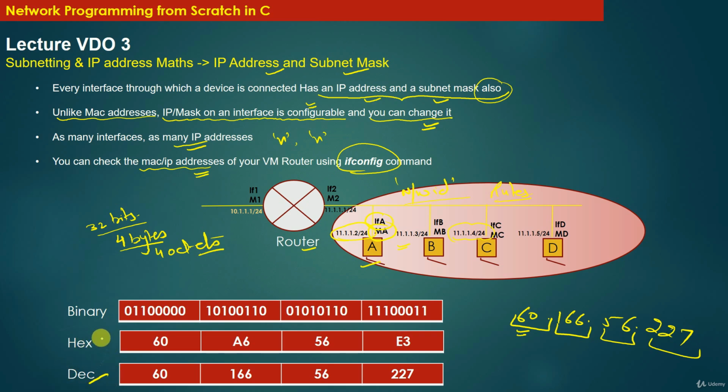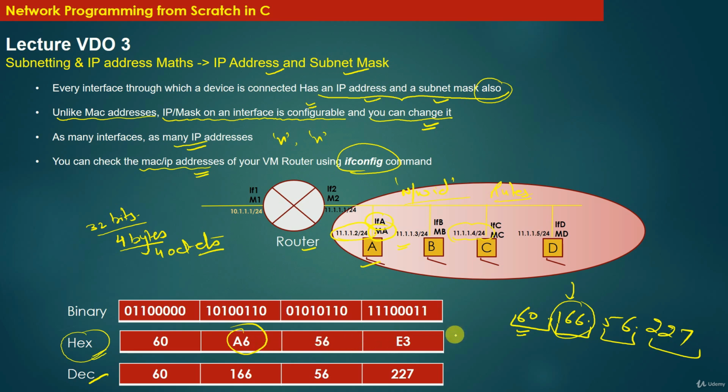And if you convert each octet of an IP address into its hexadecimal equivalent, then you will get the hexadecimal representation of the IP address. So you can see that the second octet, that is 166, has been converted from its decimal notation to hexadecimal notation, which is A6, right?